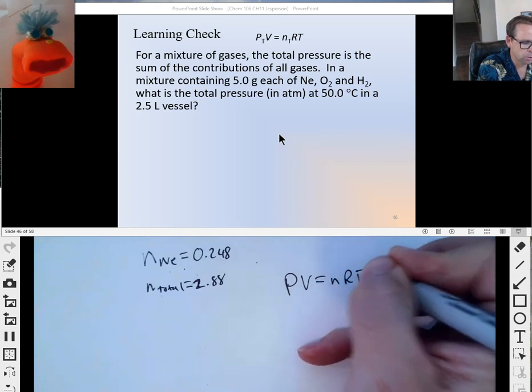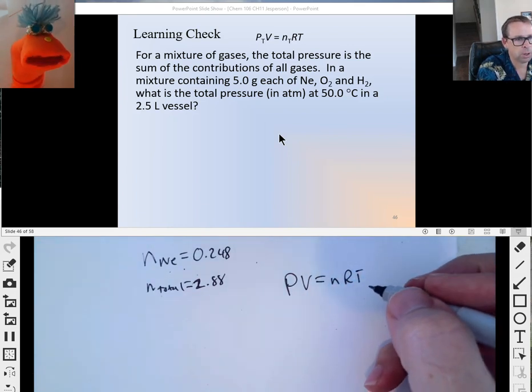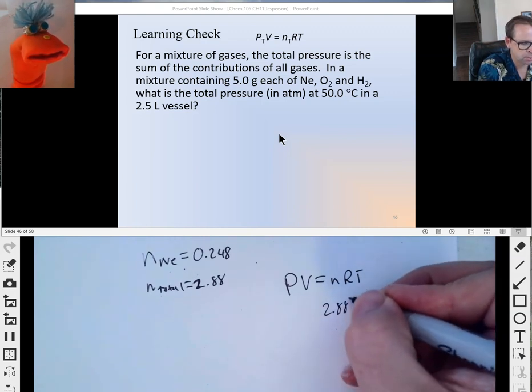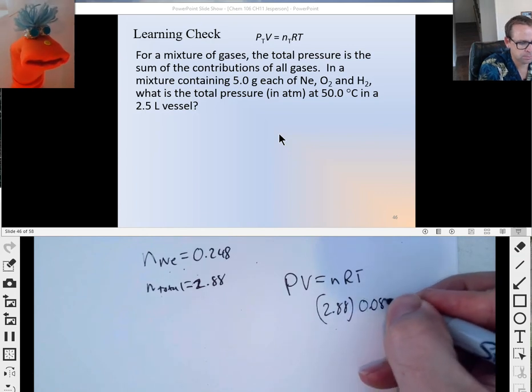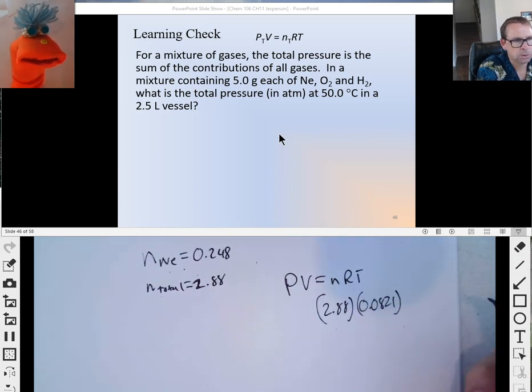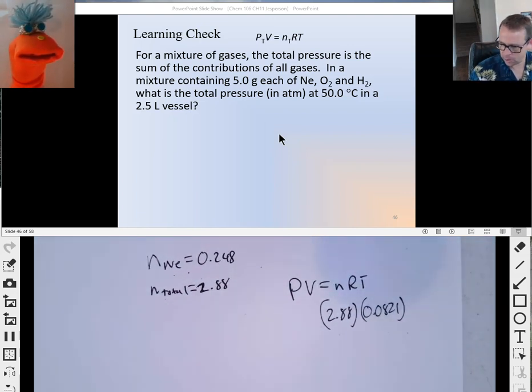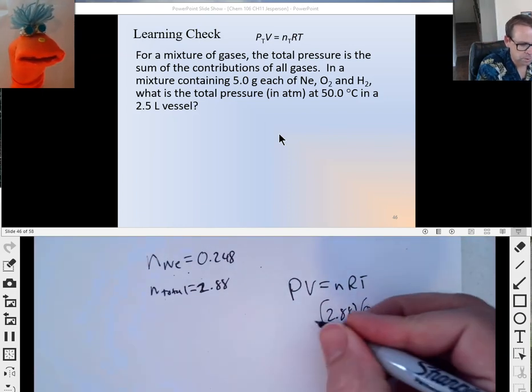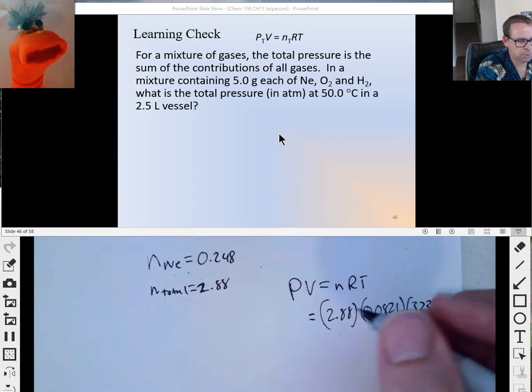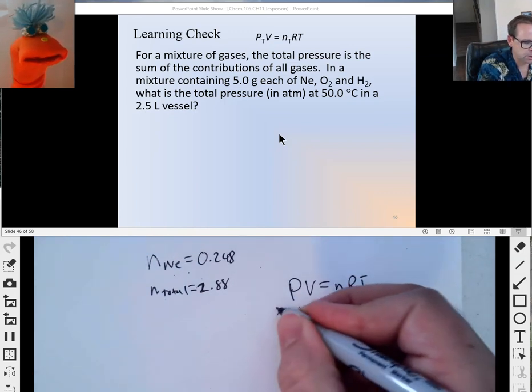How can we use PV = nRT? Well, we know the total moles of everything, 2.88. R is 0.0821. What's our temperature? 50 plus 273, 323. And 2.5 liters, the vessel.